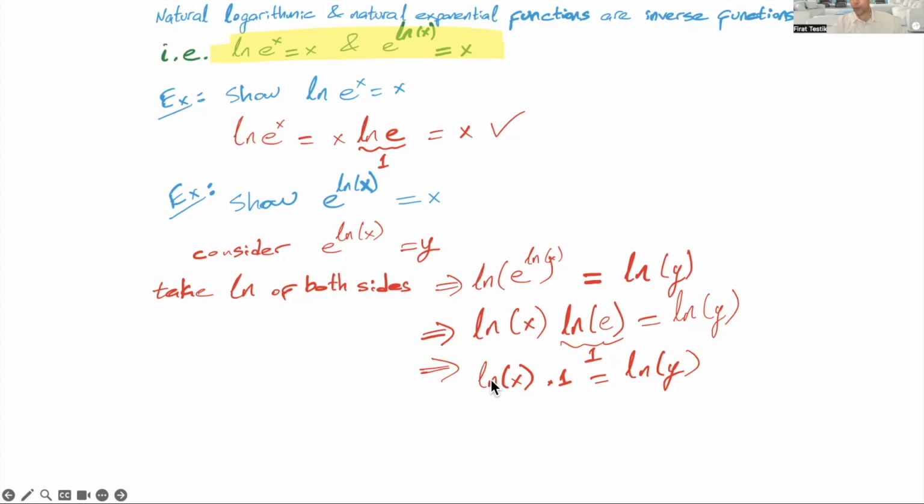So the arguments of the natural logarithms on the left and right sides have to be identical, which means that x is equal to y.